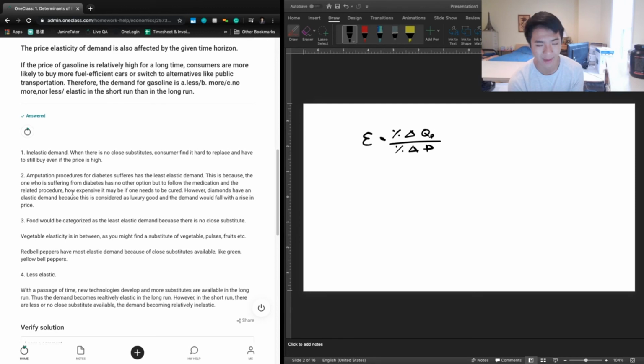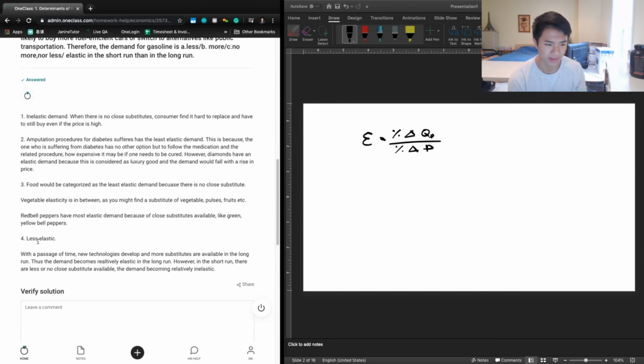Given more time, all things are more elastic because consumers have time to adjust, to find substitutes, or to make lifestyle changes that make a good less necessary in their daily lives. Generally speaking, in the long run, goods are more elastic, and in the specific case of gasoline, that also holds. So in the short run, they would be less elastic. So that would be A.